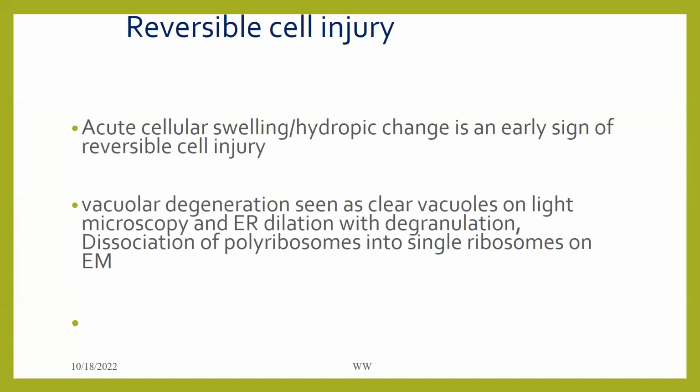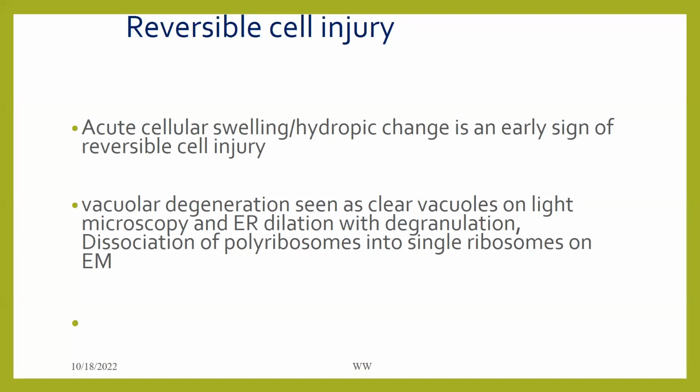Okay, now we come to the concept of reversible and irreversible. If we can catch things while they're still reversible, then there won't be much structural or functional change in the individual. And these things have been studied and they're still being studied.